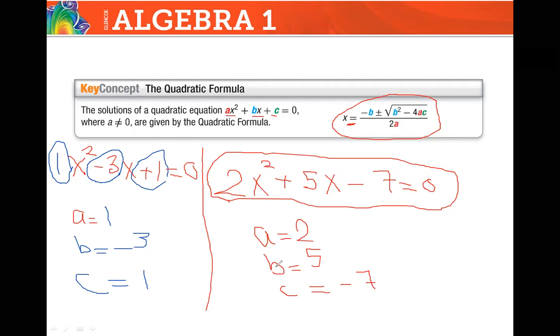Then I can find the value of a, b and c, and substitute in the rule. The rule says negative b, positive or negative, square root of b squared minus 4ac over 2a. Let's complete with the first example.